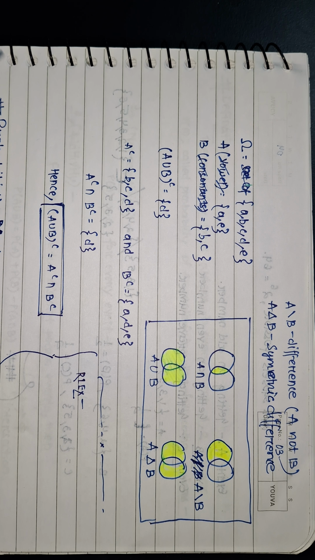You can also prove the other one, that is, A intersection B whole complement equals A complement union B complement. You need to think of a real life example, check the timestamp of the video, and post the answer in the comments with the timestamp. You need to think of all the examples I taught you and write them down in the comments. Here will be the example of De Morgan's law.